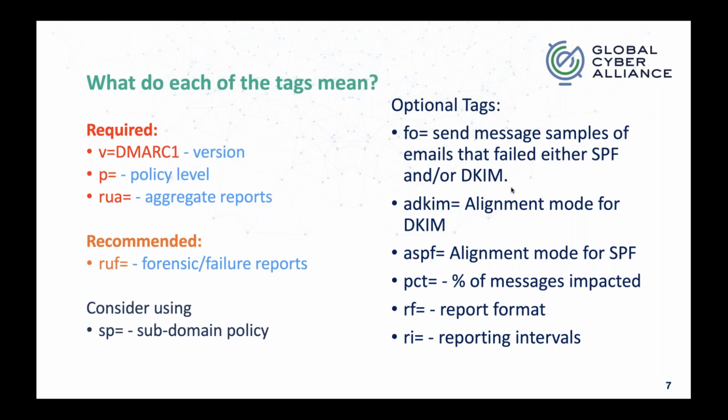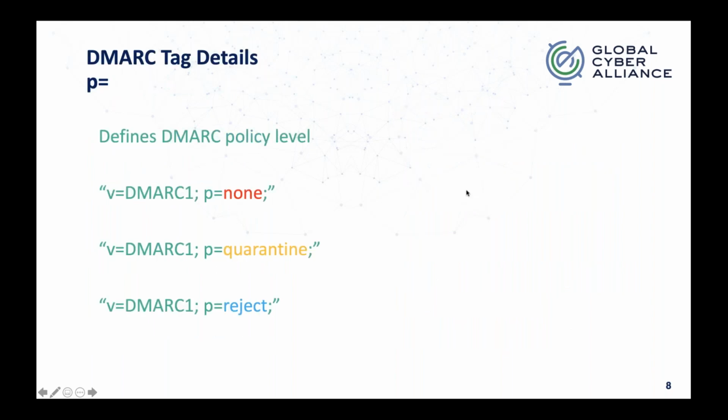So always v=DMARC1. After the DMARC1, there's a semicolon. Every tag with its value is separated by a semicolon. So v=DMARC1, semicolon, and then the next tag, which is always going to be p= and the policy level that you want to define: p=none, p=quarantine, or p=reject.